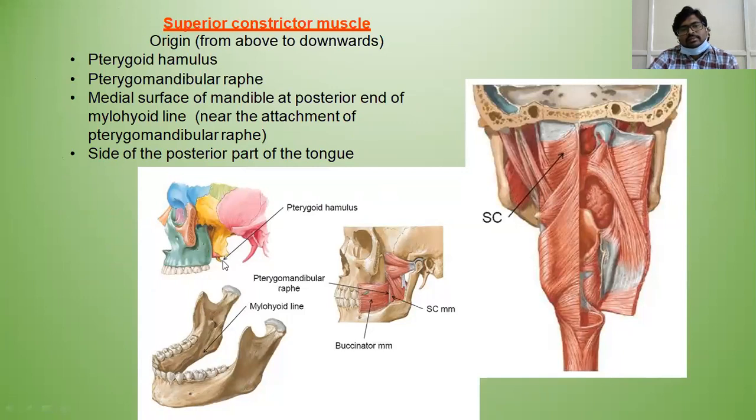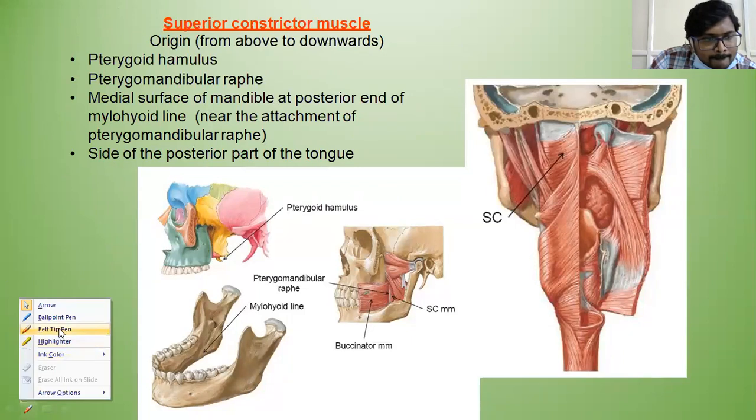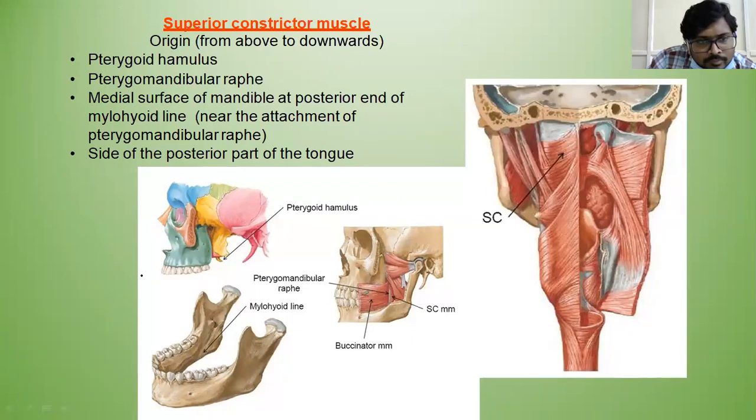The superior constrictor muscle takes origin from the lower border of the medial pterygoid plate, pterygoid hamulus, posterior end of the mylohyoid line, and finally pterygomandibular raphe.